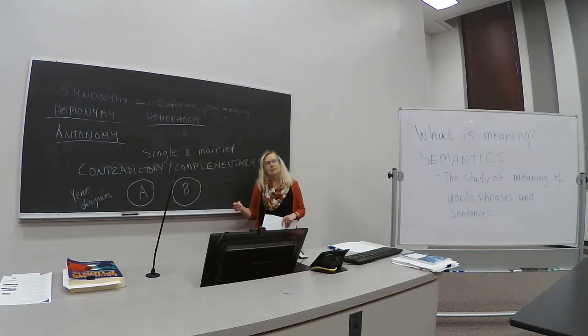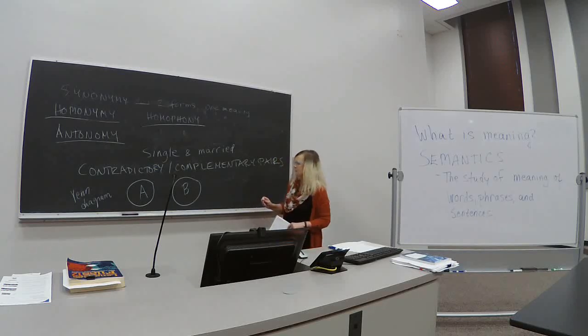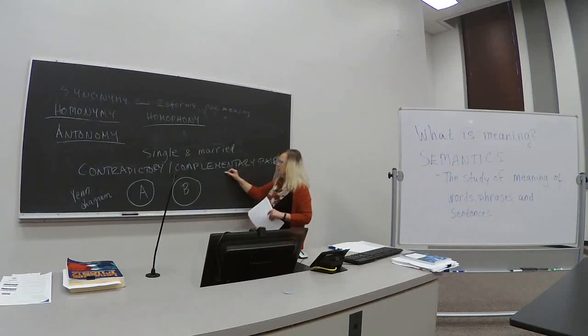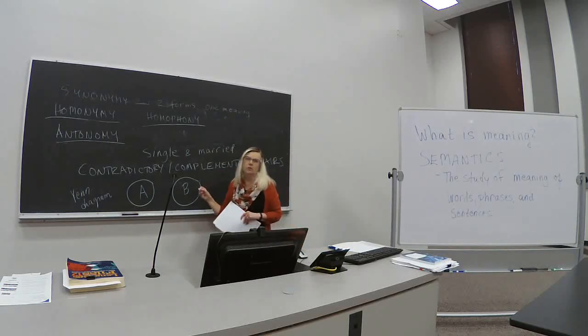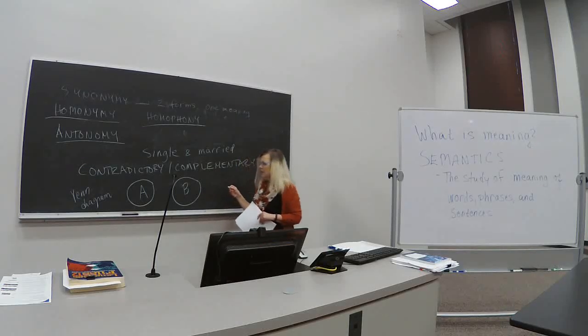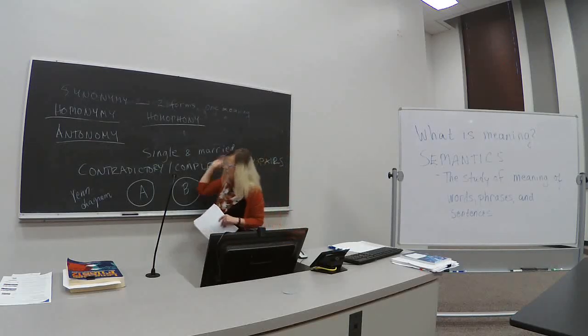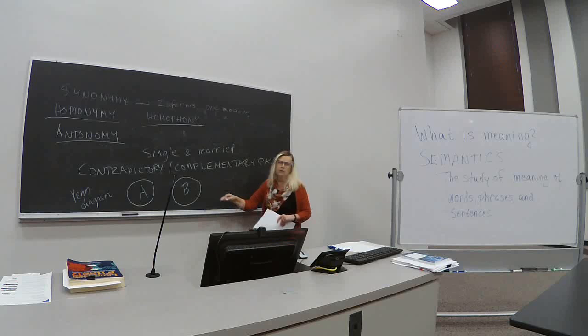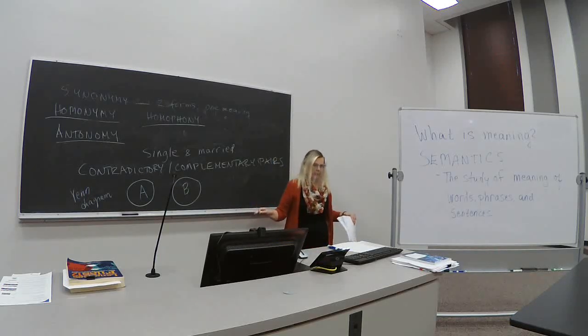Legally. I'm not going to say anything about that. Would it be legally single, or is it a different category? Maybe we need another Venn diagram for widowed people. But anyway, you get the point. Contradictory means that you can't be both at the same time. And complementary, which is another way of referring to these kinds of opposites, means that when we take all the single people and put them into category A, and all the married people into category B, that covers all the people, basically.